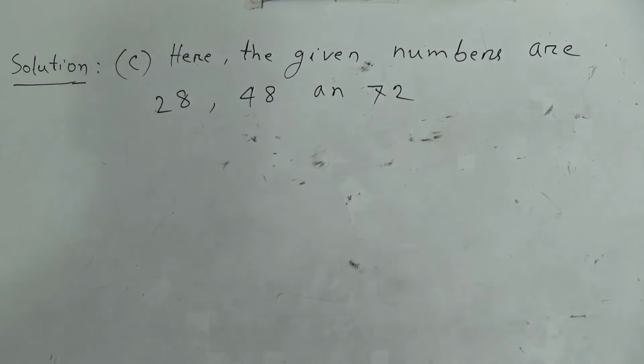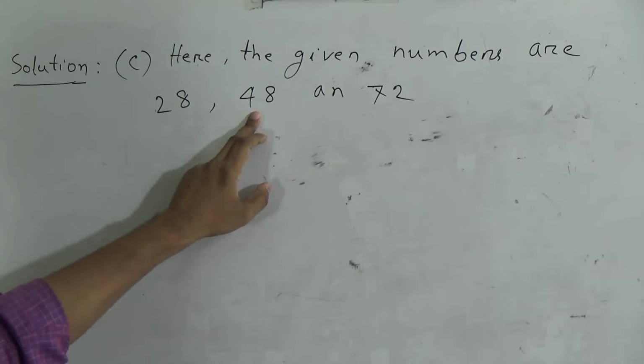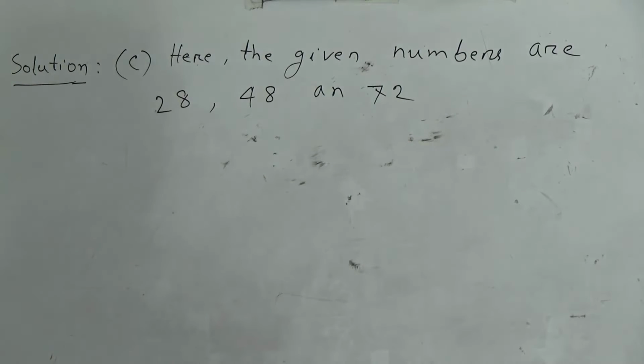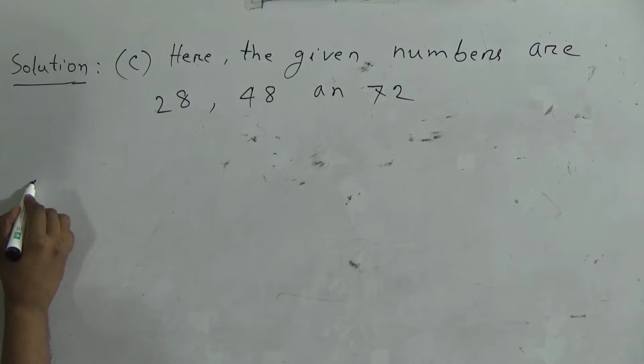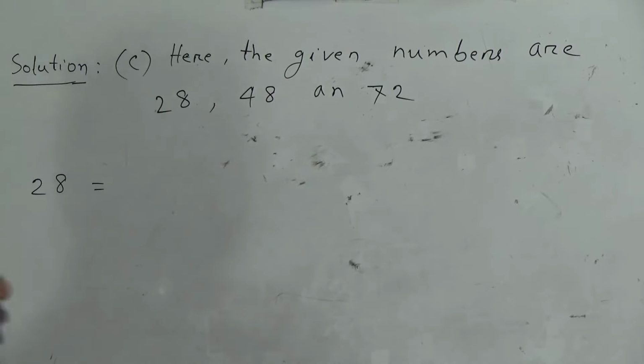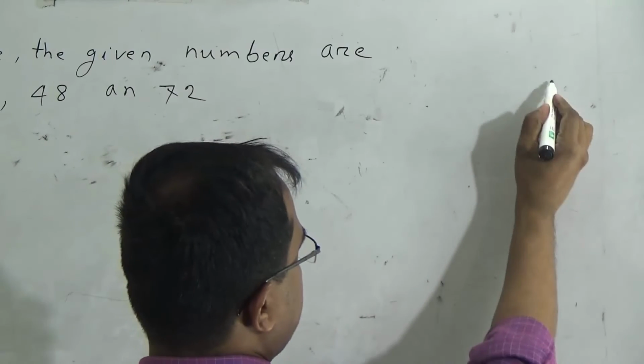Now we will find out the prime factors of 28, prime factors of 48 and prime factors of 72. Now we can write 28 is equal to, here we will use the ladder method for finding out the prime factors of 28.